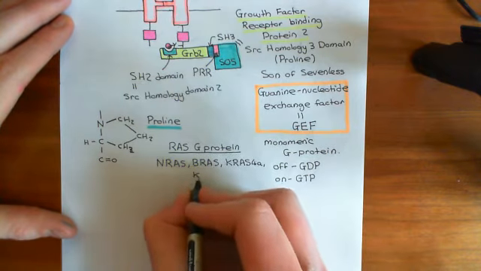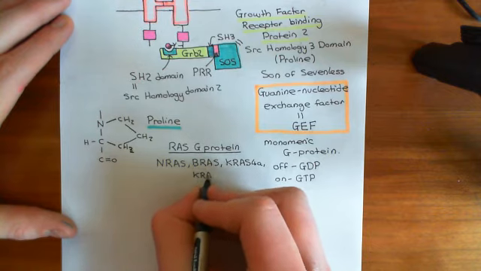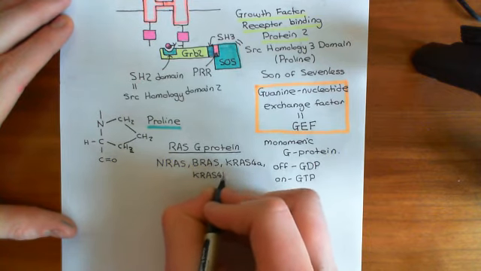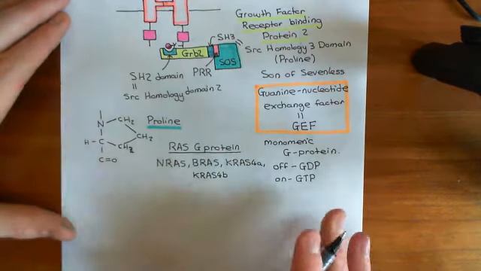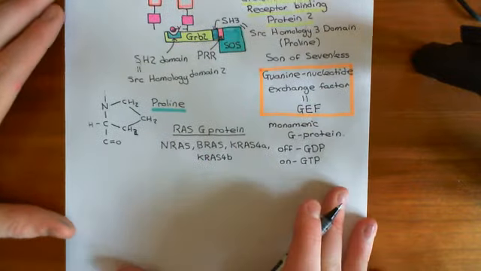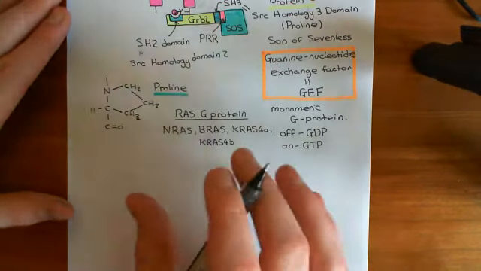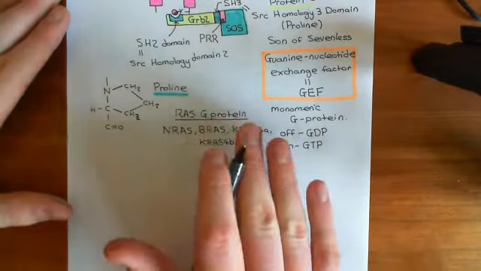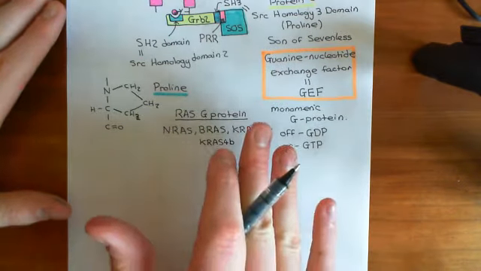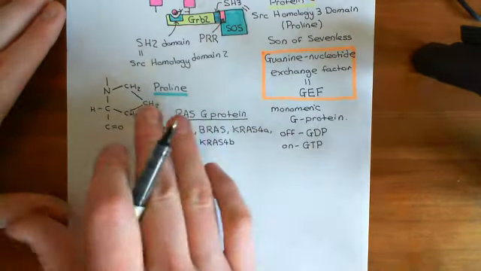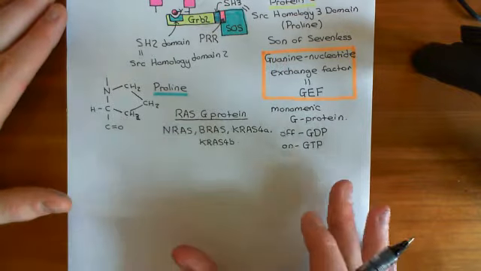Now, as far as we are concerned, all 4 of these are going to do the same thing. So we're not going to distinguish between the 4 different forms. Instead, we're just going to call our Ras G protein a Ras G protein, and we'll assume that it can be any one of these 4.